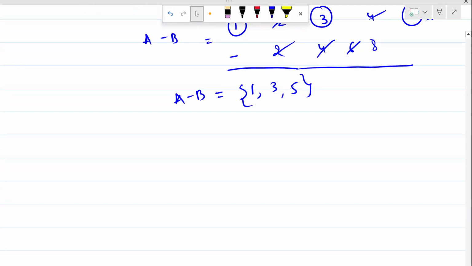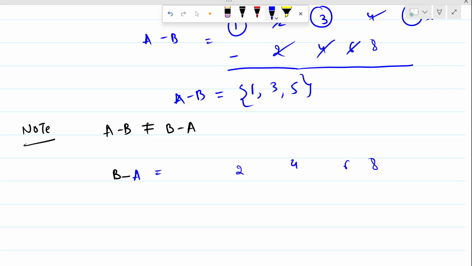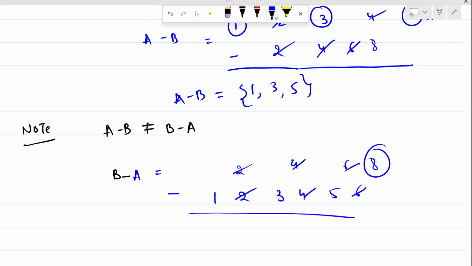Note that A minus B is never equal to B minus A. So in the above example, if we take B minus A, then we have 2, 4, 6, 8 minus 1, 2, 3, 4, 5, 6, and we take a minus sign, then we cancel out 2, 4 and 6, so only 8 is left.